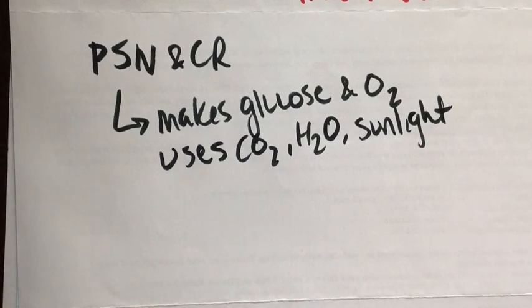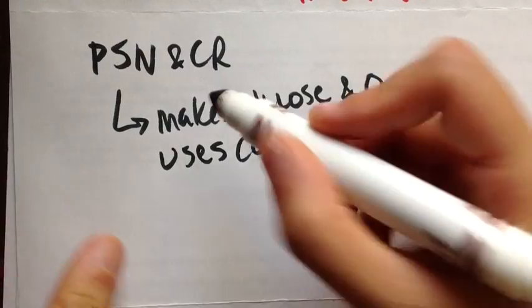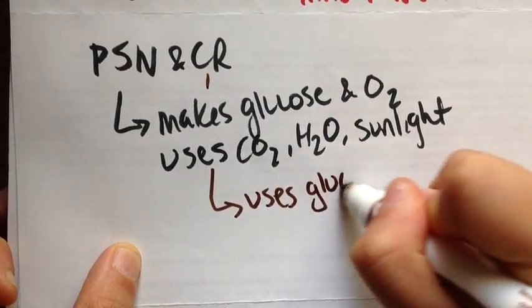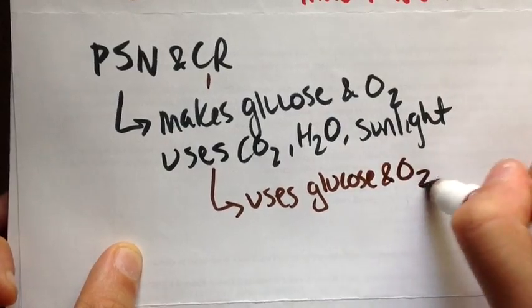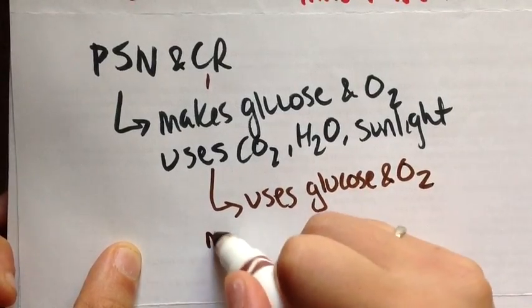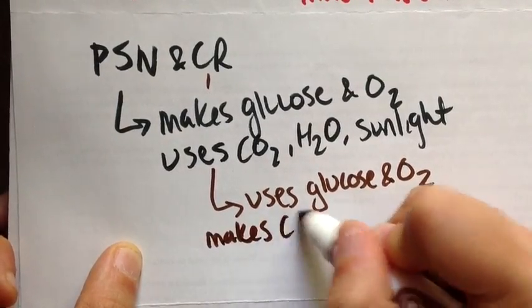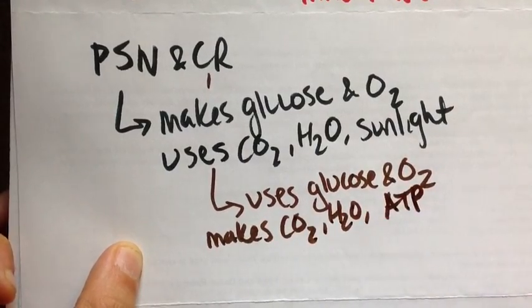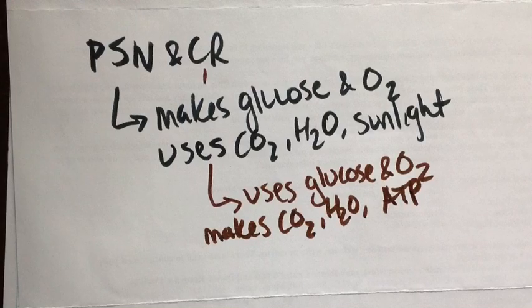In contrast, what does cellular respiration do? Cellular respiration uses glucose and oxygen, and to do that, it makes CO2, water, and ATP. These are 2 important steps when thinking about metabolism.